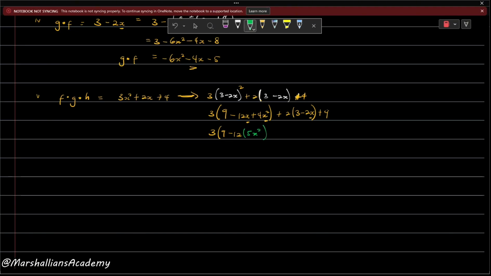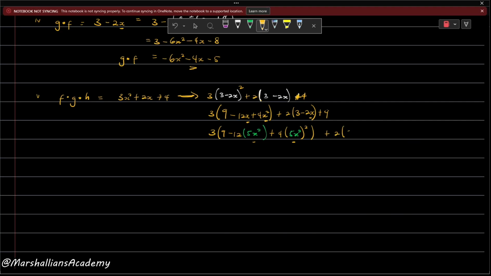Are we together? Plus 4 into bracket 5x squared squared, because there's a square on this x here. Do you understand it? This is the x, this is the x. So we have done this part.